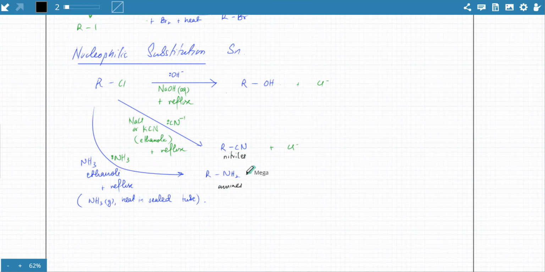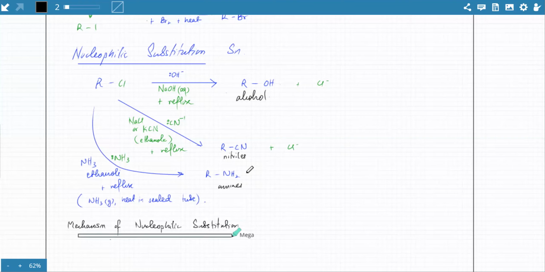So mechanism of nucleophilic substitution, and this mechanism applies to all of the reactions that are given above. And you also have to remember that there would be two separate mechanisms for the reactions mentioned above.